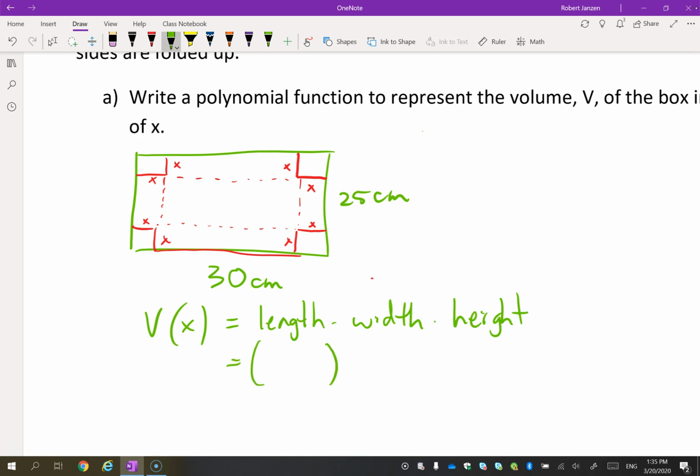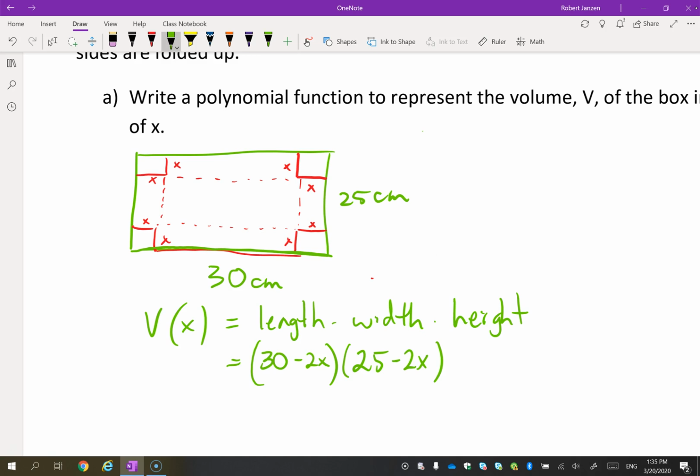What would be the length? Well, we're given 30 centimeters, but we're going to cut out 2 boxes that are x length. So you're going to get 30 minus 2x. Then the width would be 25, but again, you're going to cut out 2 boxes, so you're only going to have 25 minus 2x.